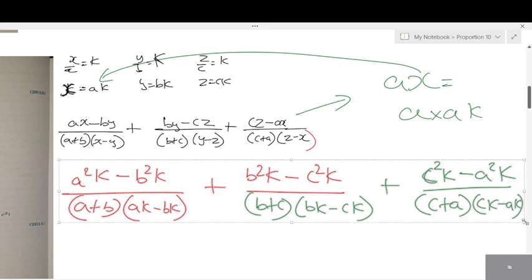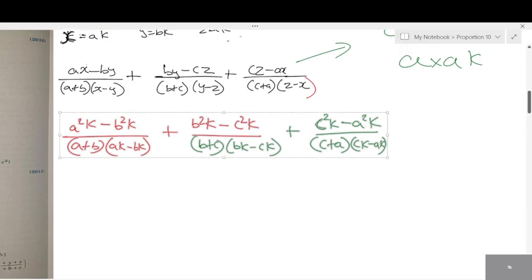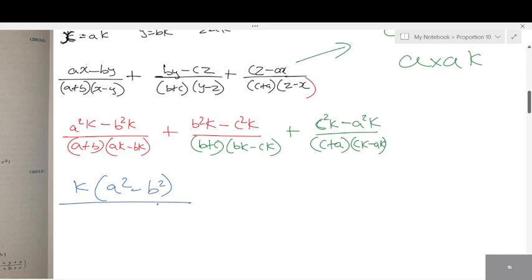Now tell me the numerator. This is three questions together. What is common in the numerator? First question: what's the degree for k? It's only one, right? K into a square minus. Okay, divided by the denominator. What is common? Keep a plus b as it is. What is common in the second bracket? A is common.